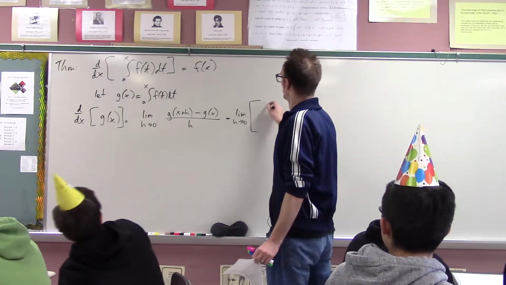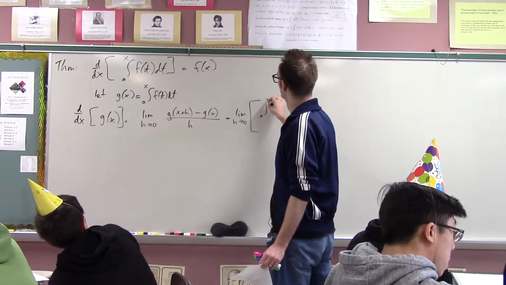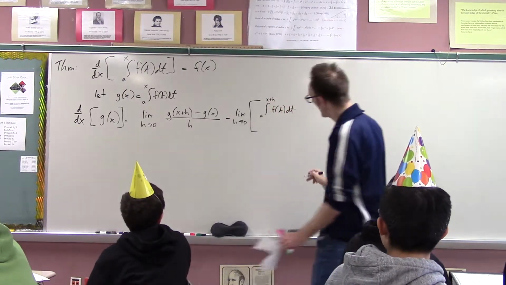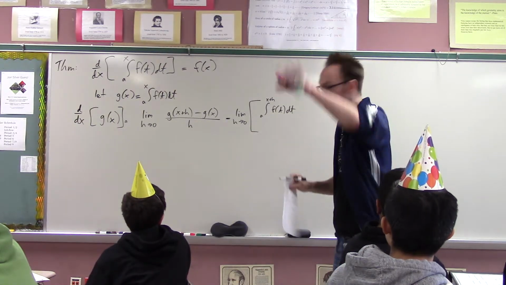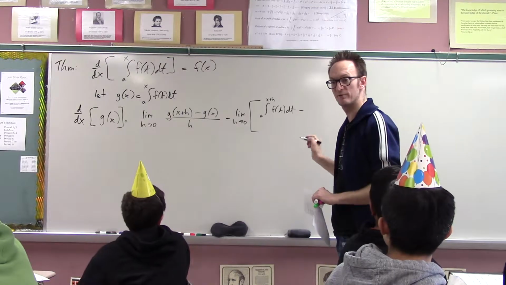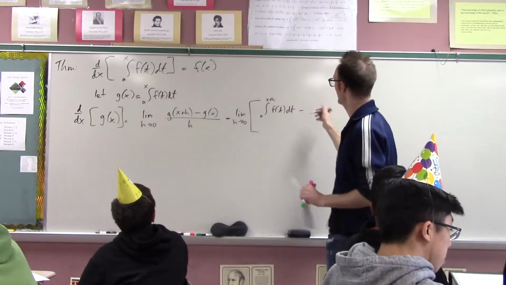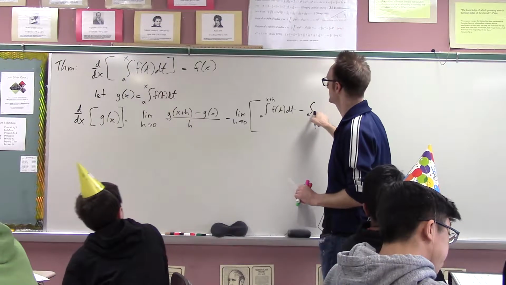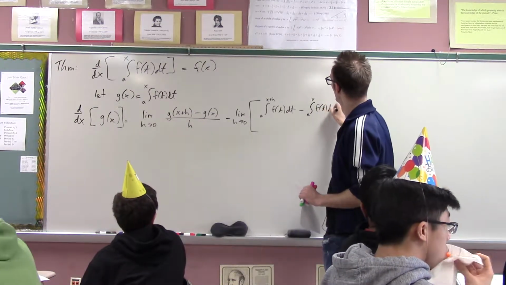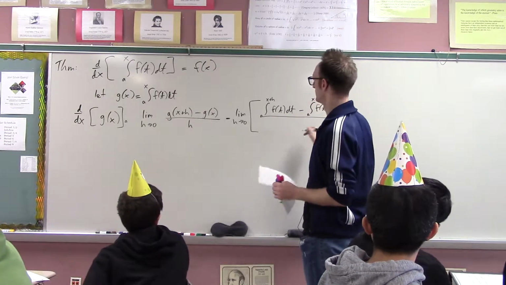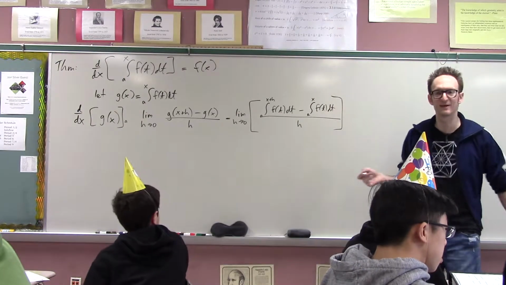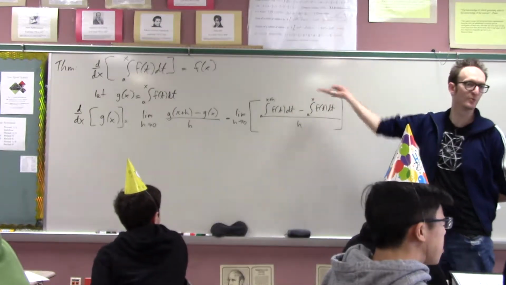The integral from a to x plus h of f of t dt. Yup, Adam and Valentina are simply applying the definition of g, and then minus the integral from a to x, all over h.